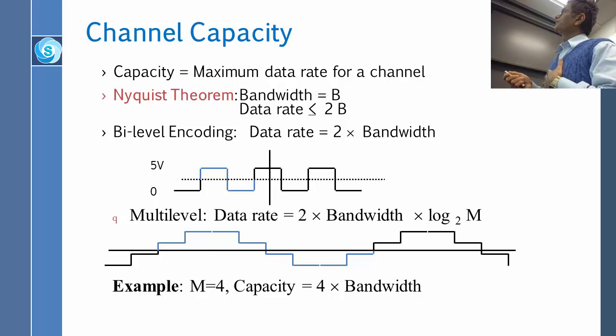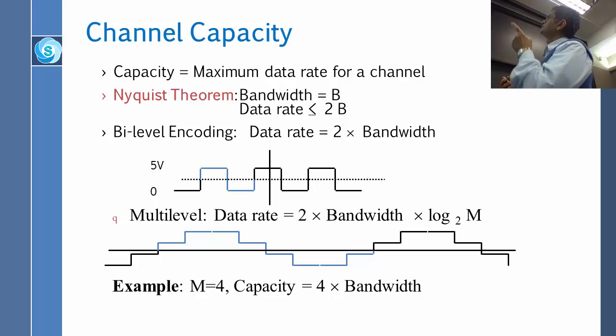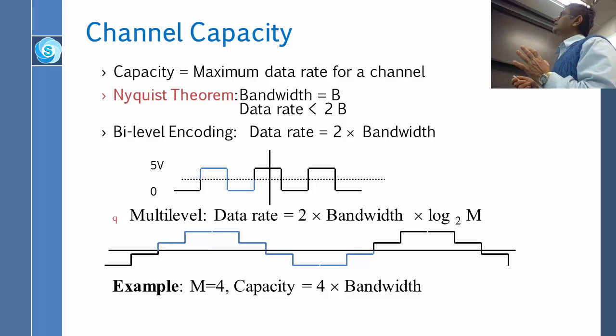So here is the coding: 0, 1, 0, 1, 0, 1, 1 bit per baud, right? That's why I drew this. Hold on. This red thing is 1 bit.